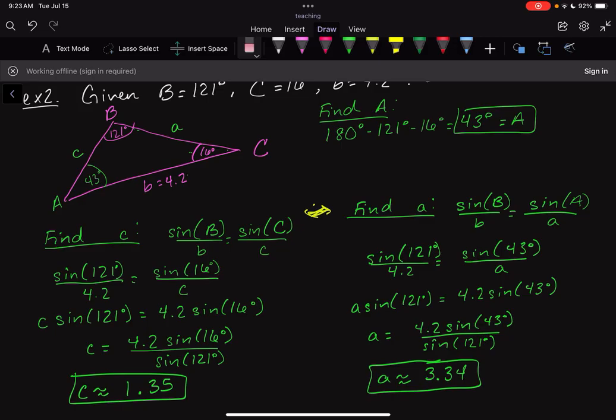Sometimes you do have some options, sometimes you don't. Like example 1, we really only had the one option of finding that angle. We couldn't get anywhere because we didn't have a fully developed ratio. So that's why we had to get that ratio first to be able to do anything else. And sometimes it's just like that, or sometimes you have options.